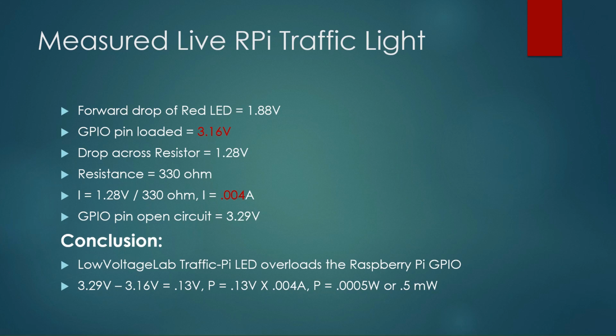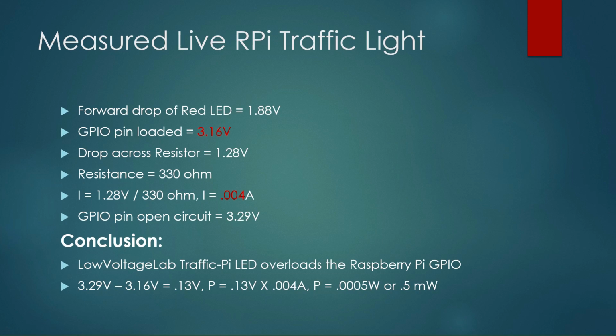Now, I measured the voltage drop across the resistor, and that voltage drop was 1.28 volts. If we look at the forward drop of the red LED and the voltage drop across the resistor, we find that, lo and behold, they add up to 3.13 volts. Kirchhoff's law. You don't have to know that.